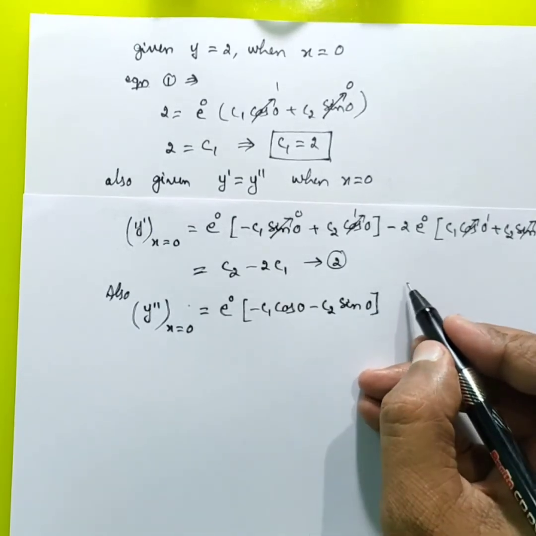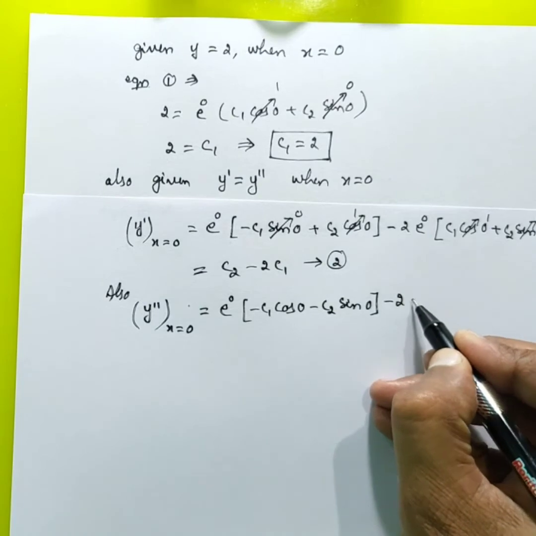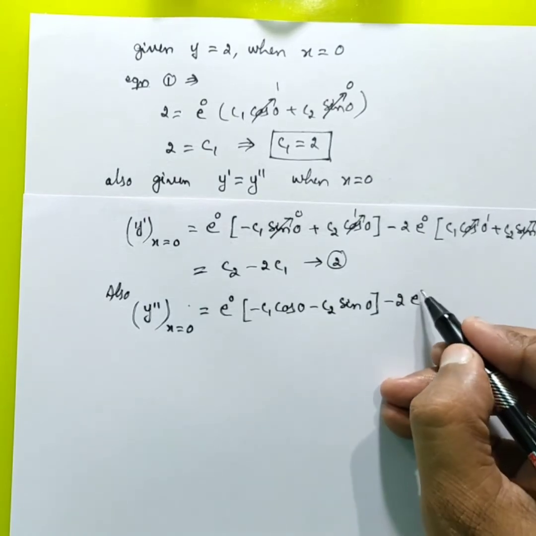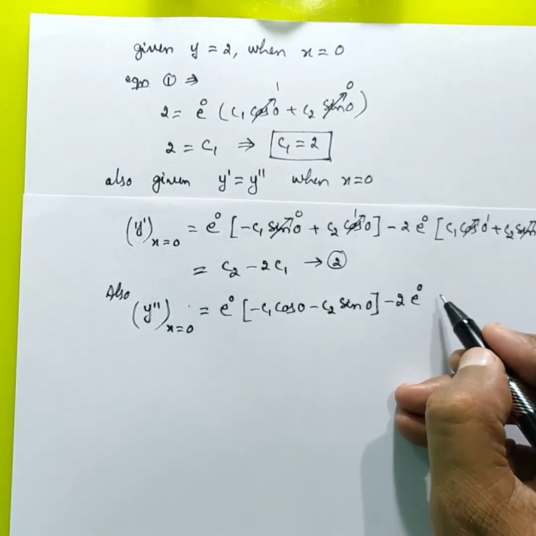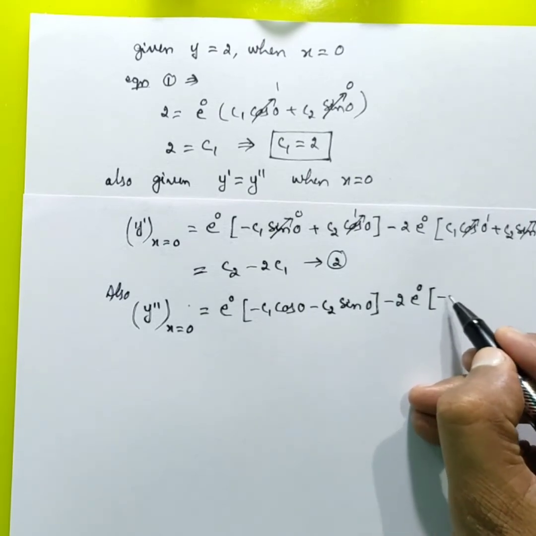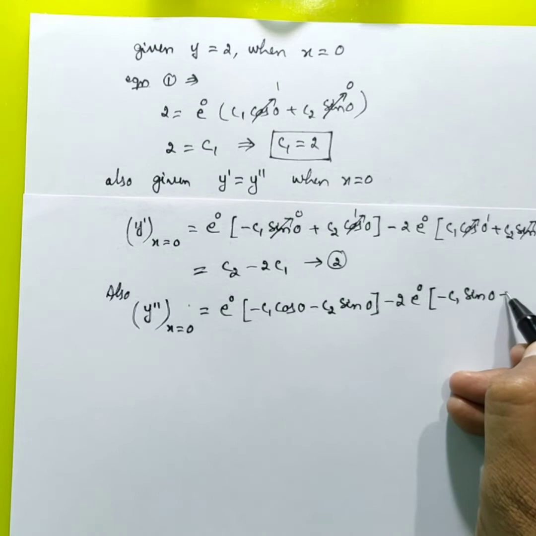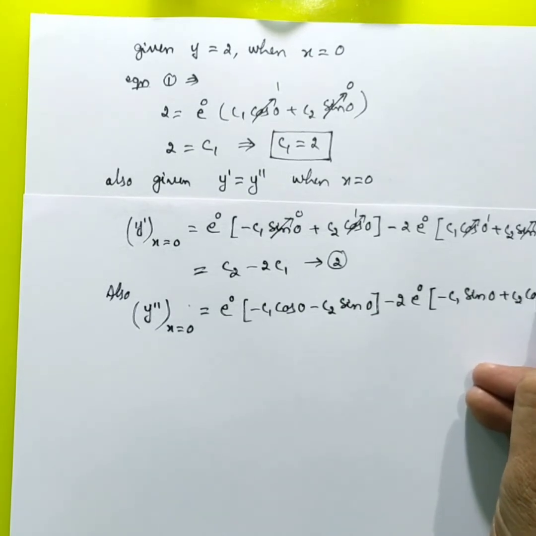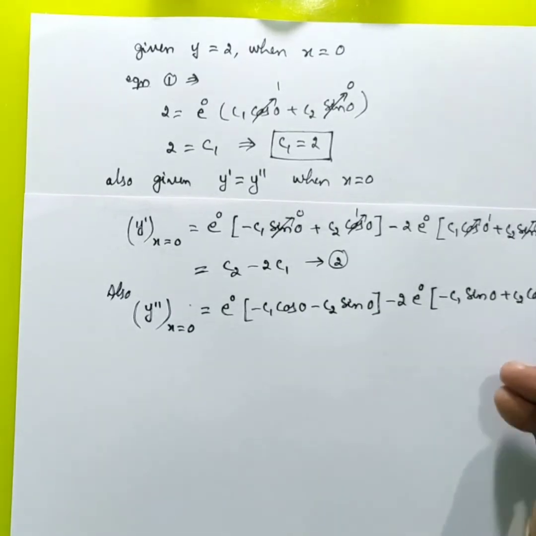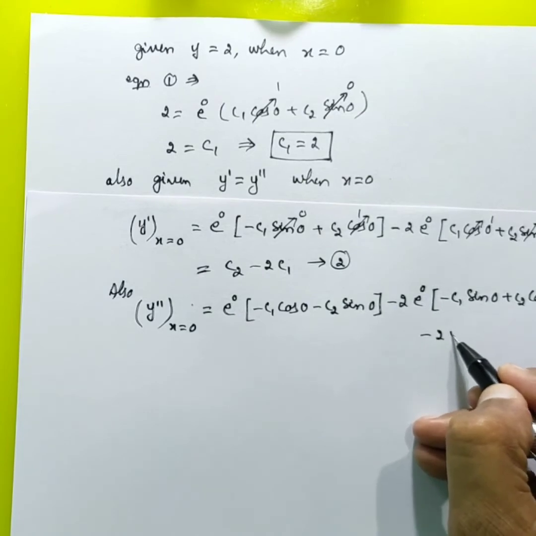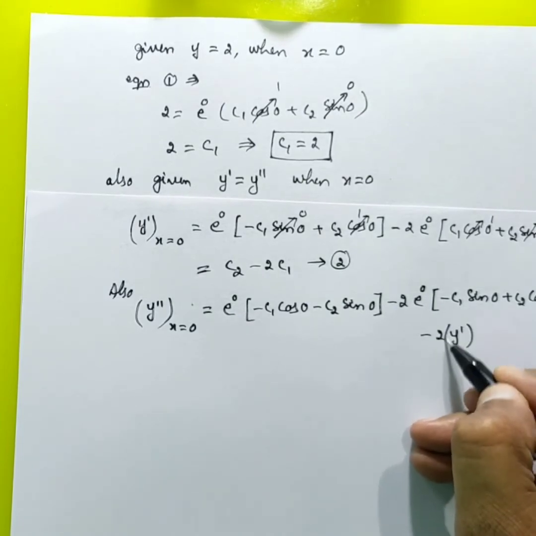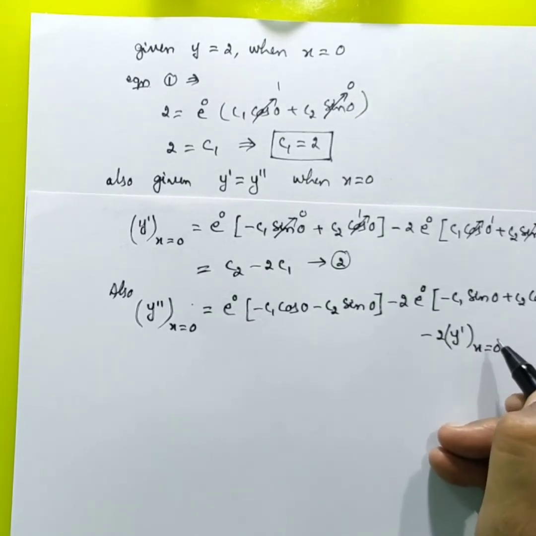The next term that you have is minus 2 times e power of minus 2x, and e power of minus 2x will be 0. Then you have minus c1 sin of x where x is 0, plus c2 cos of x where x is 0, minus 2 times y dash when the value of x is equal to 0.